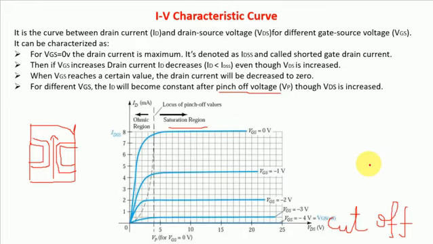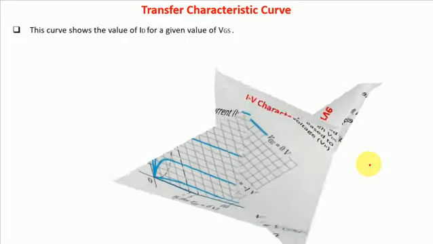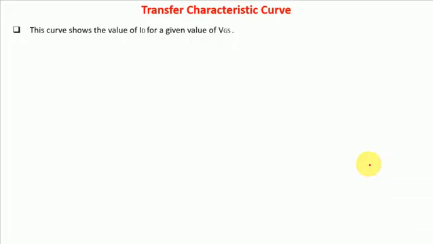One more important characteristic that we need to discuss is the transfer characteristic curve. In the transfer characteristic curve we can show the voltage and current relationship in the JFET.